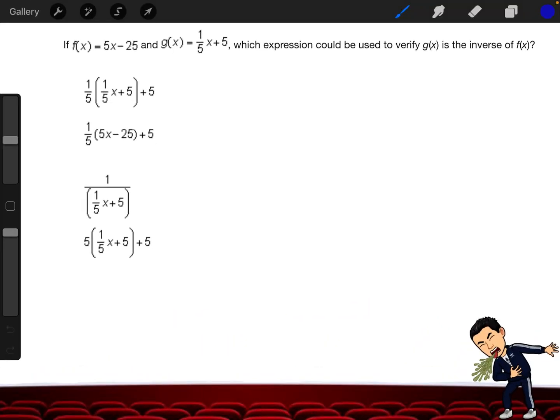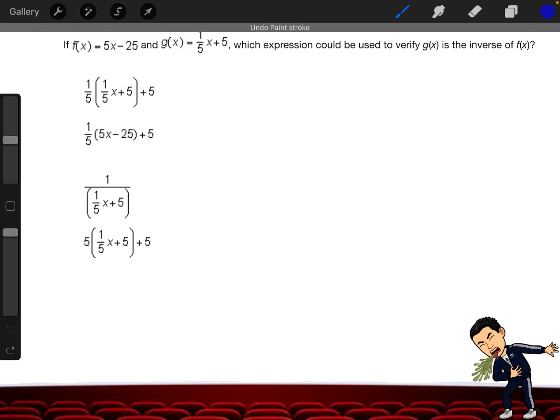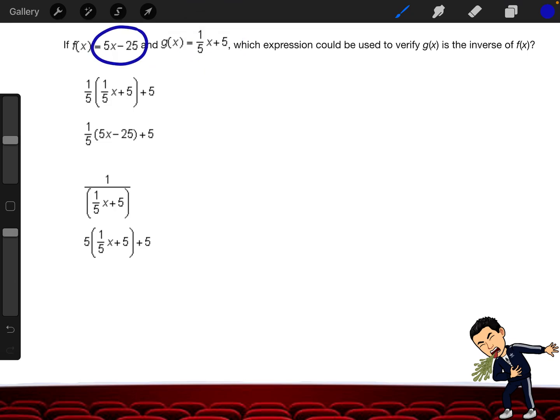For this next one, you either use the g of x substituted into the x, or vice versa, use the 5x minus 25 substituted into the second x, and that would be the expression to verify whether, if you compose these two inverse functions together, they equal x. That's how you verify it.